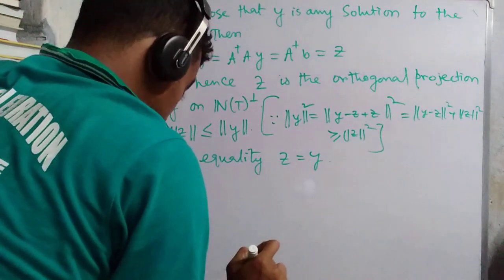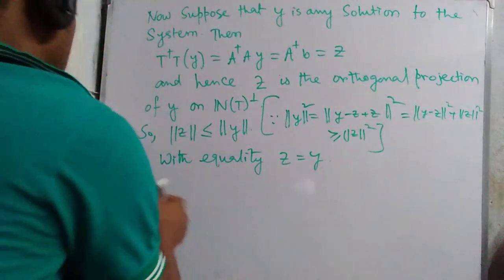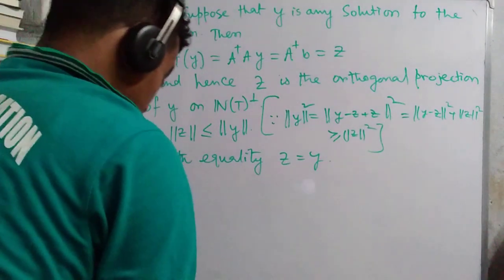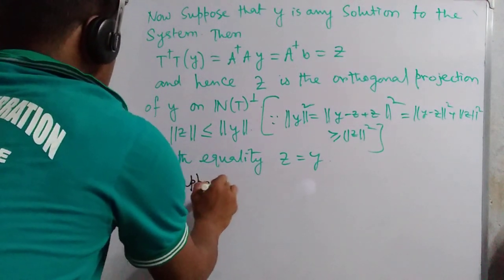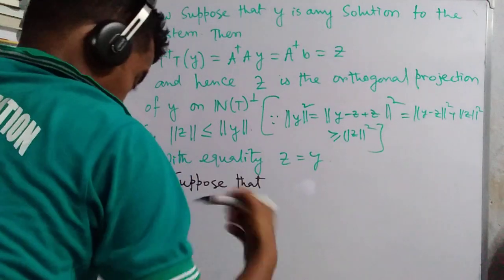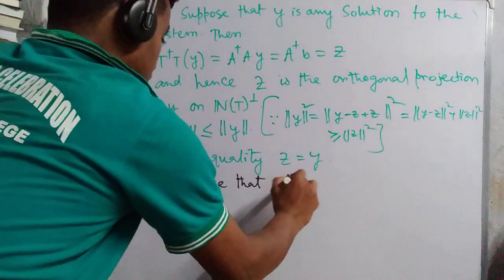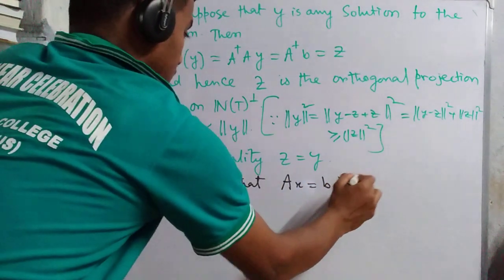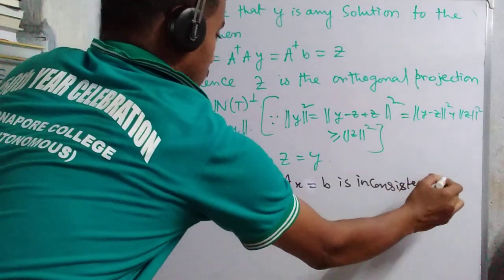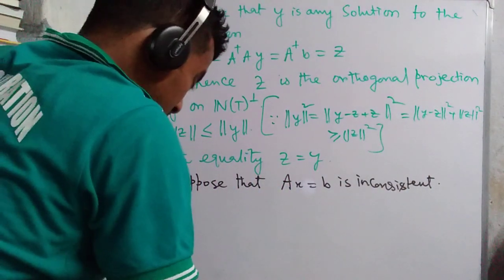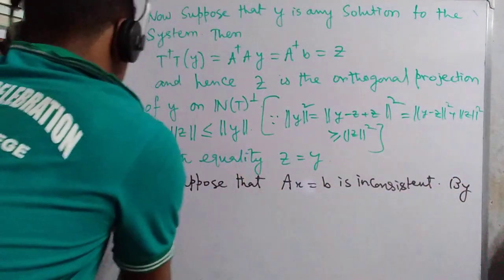Understood? Now we're going to discussion, that means proof of option B. Which one? Suppose that Ax equal to b is inconsistent. Okay. Then what happened? Then by the lemma, okay, we discussed this lemma.